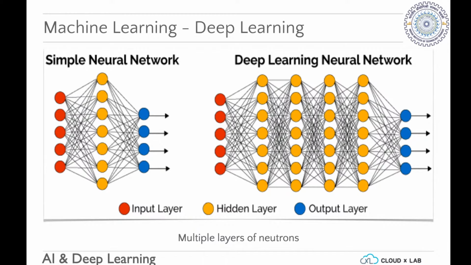And again CloudxLab asks, is there a rule to choose the number of hidden layers? Again, as I said, there is no real rule. You have to choose based on your problem and your understanding of the problem. As you go through the course, you will learn how there are different architectures of deep neural networks used for different problems.